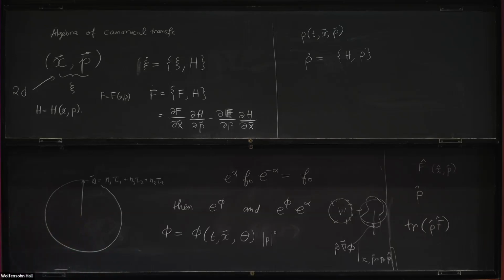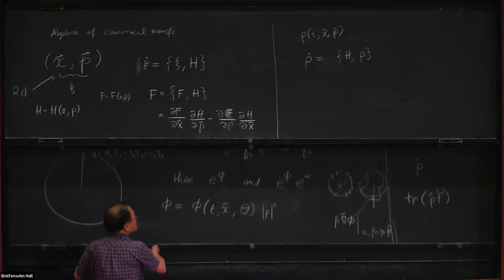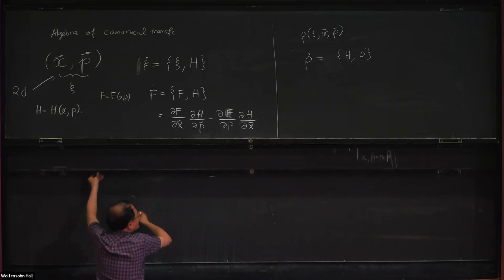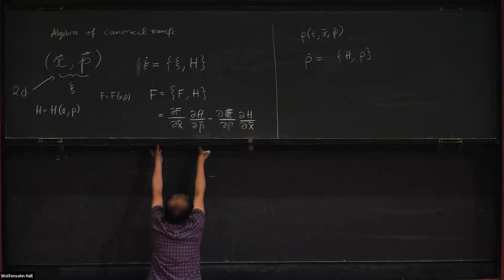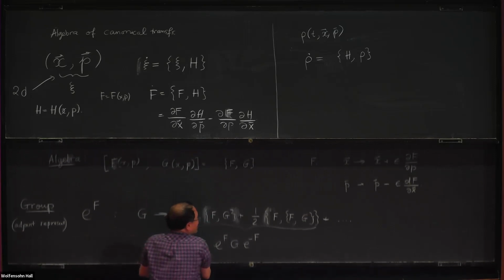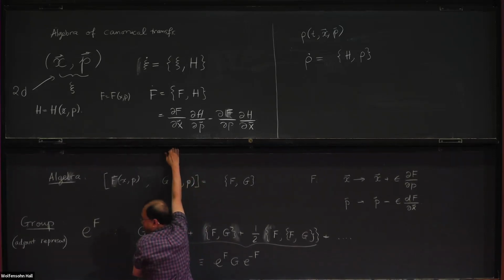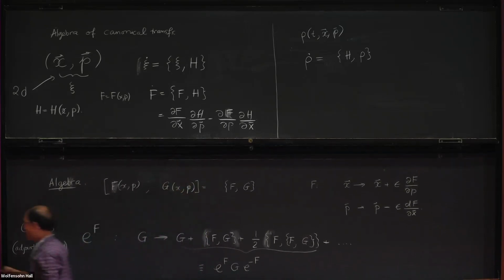Okay, so this is the parameterization of the Fermi surface, and now I want to write down the theory that encodes the dynamics of the Fermi surface. What Landau did for us was to say we have to think about the Hamiltonian, and we know the Hamiltonian of the Fermi liquid.